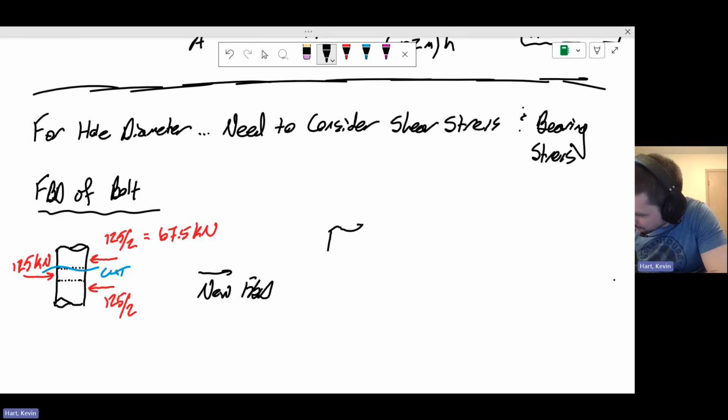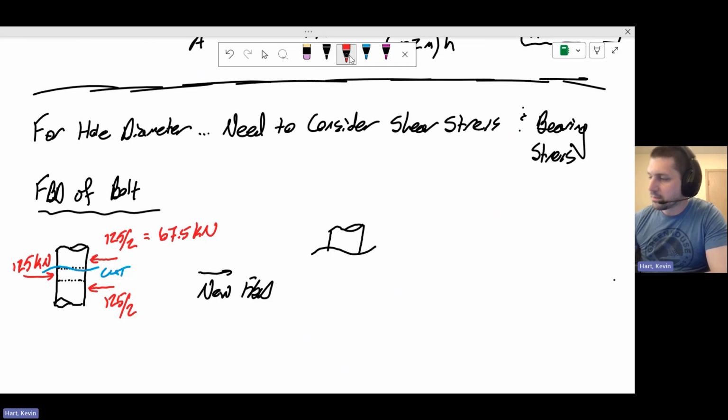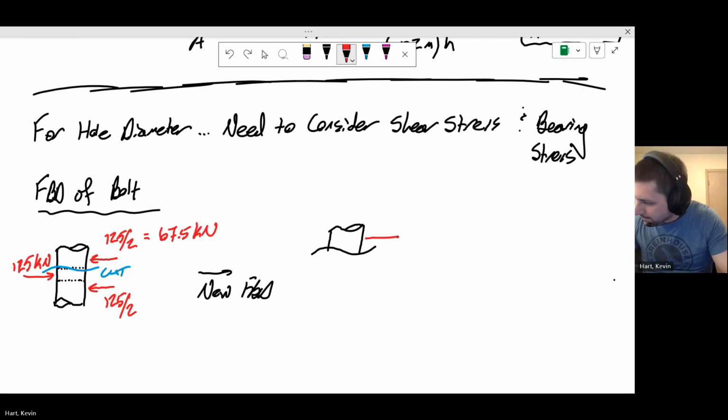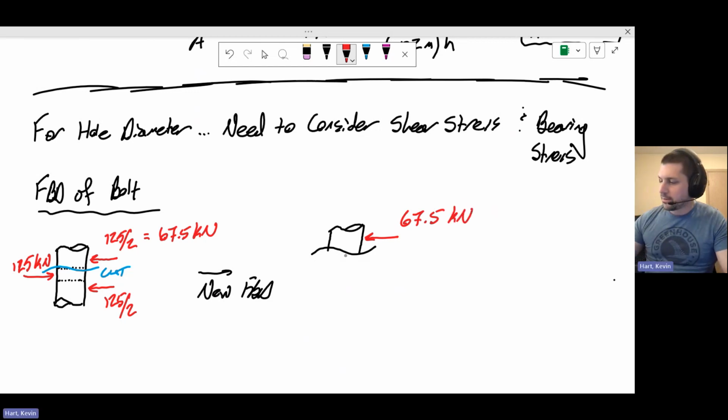Again, the same idea. We've got this bolt, and now it's being cut here. So here's our cut, and we have the 125 over 2 on the top side of that bolt. And then the bolt itself has a circular cross section, which you can't see here, that is resisting that 67.5 internally.